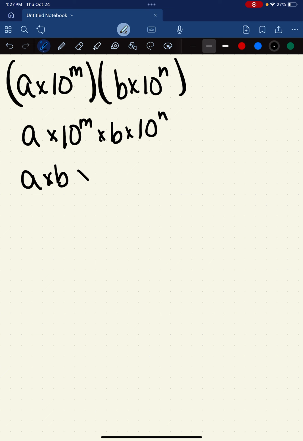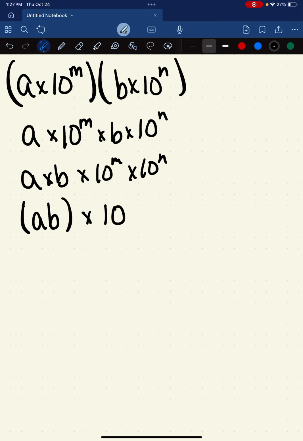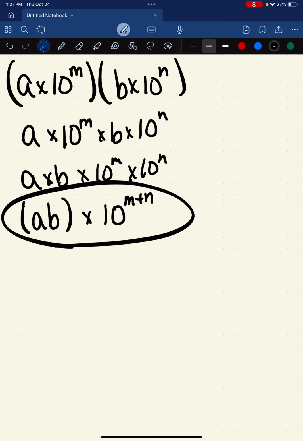Okay, we can use the commutativity property and say that's the same thing as a times b times 10 to the m times 10 to the n. Associativity property, we have a times b times 10 to the power of m plus n, right? That's what we learned from exponents last time.